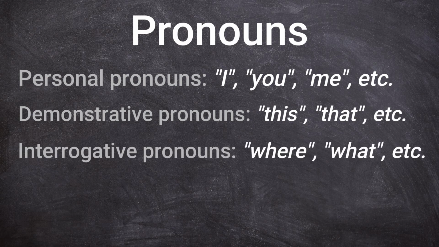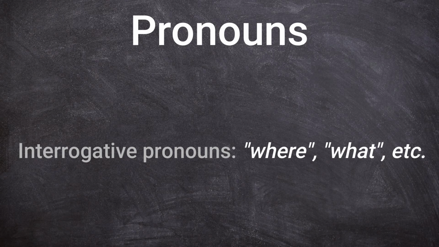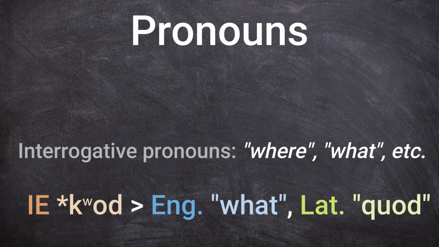There are interrogative pronouns used to ask questions like what or where or who and others, but we will not mention all of them. These words are much more conservative than nouns or adjectives. In fact, still today, for example, we can see that the interrogative pronoun in Indo-European quod became in Germanic what, and still today we have in English what and Latin quod.